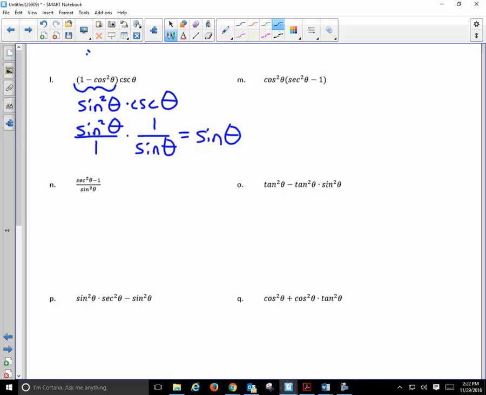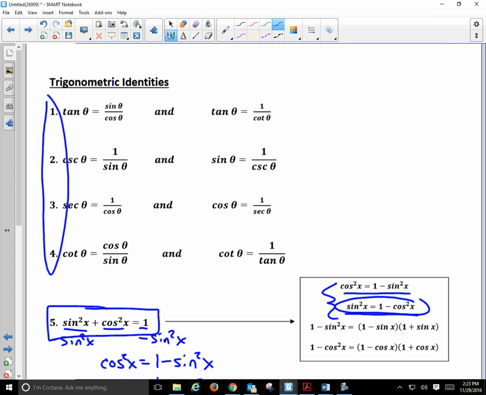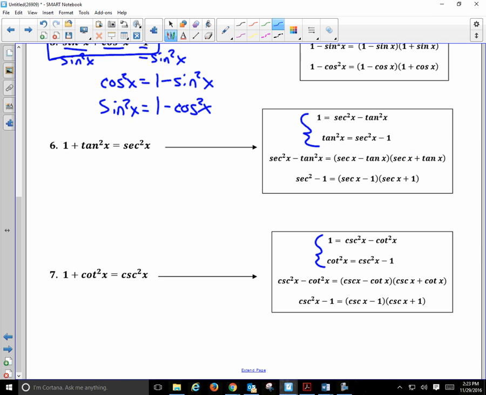Okay, give M a shot. Can I ask what you substituted in for secant squared minus 1? Tangent squared. So if I see a secant squared and a 1, my eyes are drawn right away to number 6. It has a secant squared and has a 1.